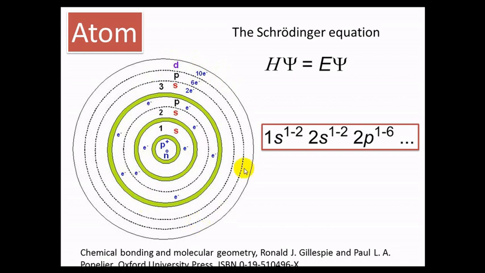Therefore, from this representation, we can write the electronic configuration of atoms as level 1s with 1 until 2 electrons, level 2s with 1 until 2 electrons, level 2p with 1 until 6 electrons, etc. In this case, electrons in the 1s sublevel are the inner shell of the atom, and electrons in sublevels 2s and 2p are the valence electrons.